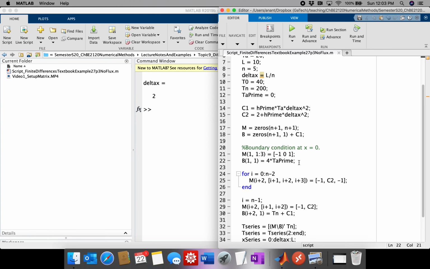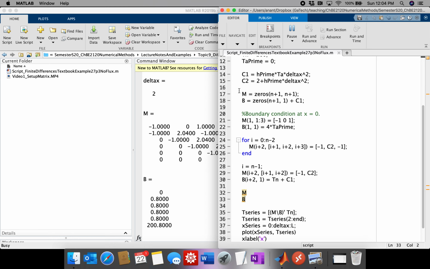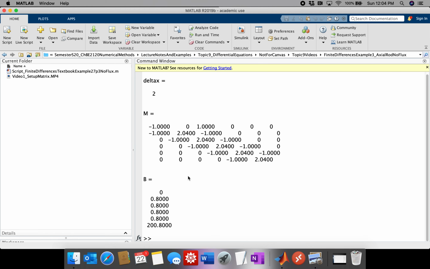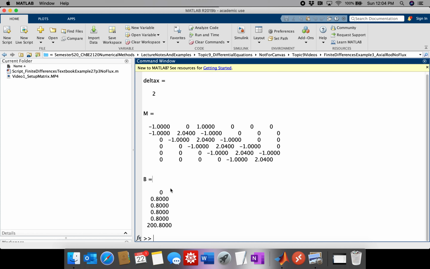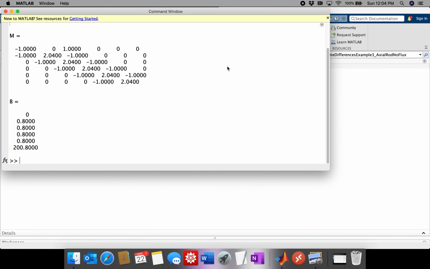Okay, let's display M and B. This does look right to me. Let's undock it and compare it with our notes. How do you undock?